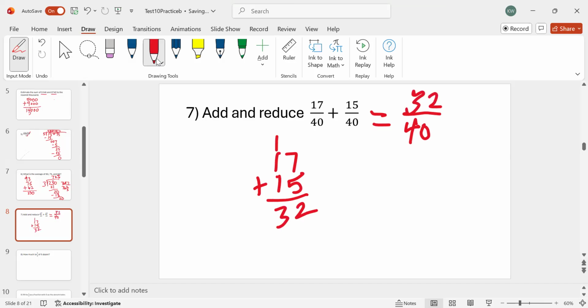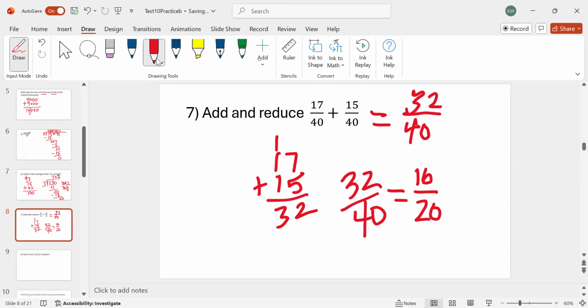32 divided by 40. Now, that can be reduced, so let's work on that next. So we've got 32 divided by 40. We can see that we can divide those in half. So let's do that. 16 divided by 20.